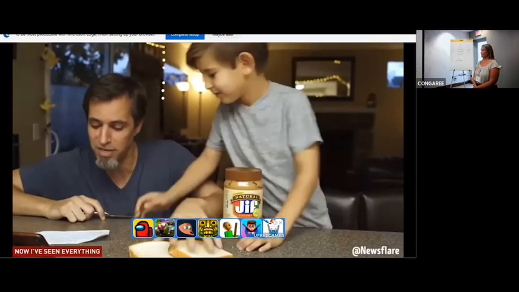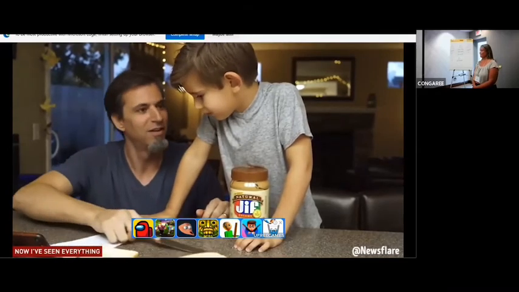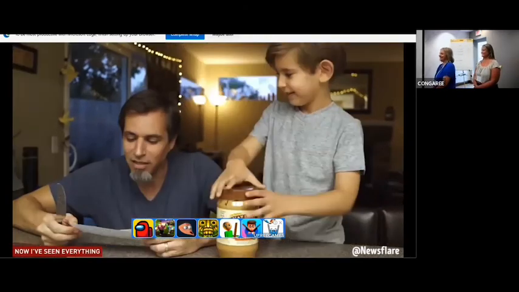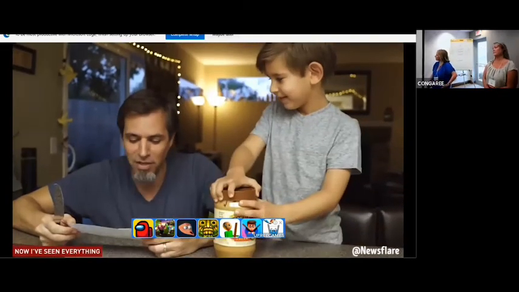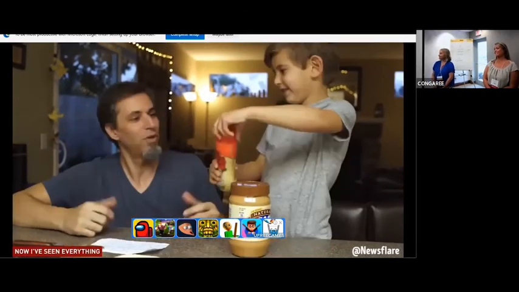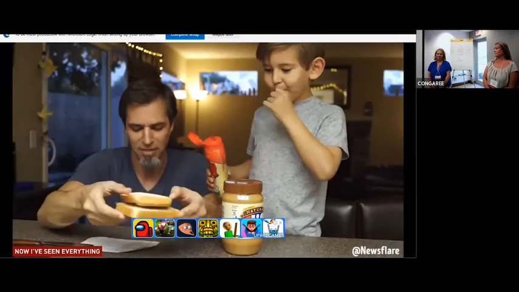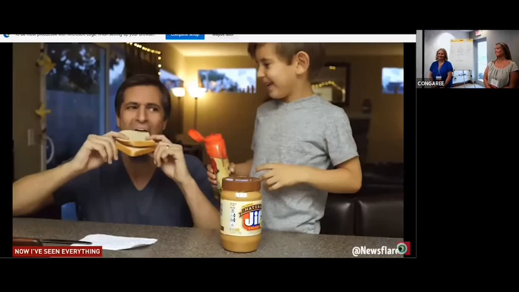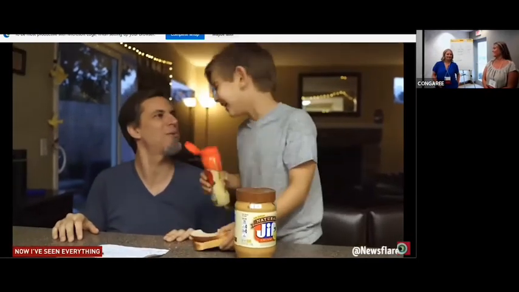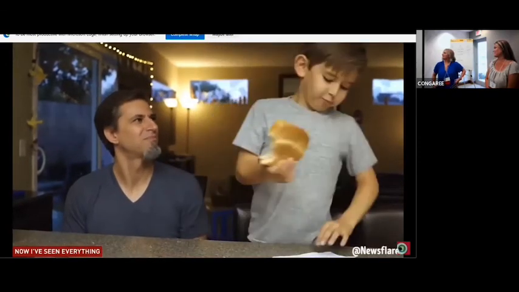It says take 1 piece of bread, spread it around with the butter knife. Get some jelly, rub it on the other half of the bread. No, Dad, open the jelly. Well, it doesn't say to do that. Put the breads together on top of each other. Take a big bite. This doesn't taste like a peanut butter and jelly sandwich. Fail.